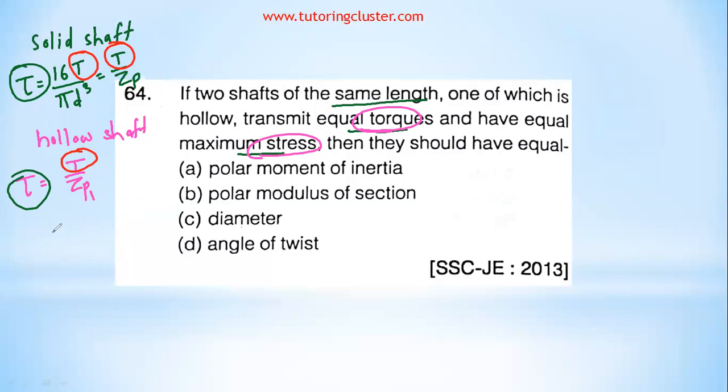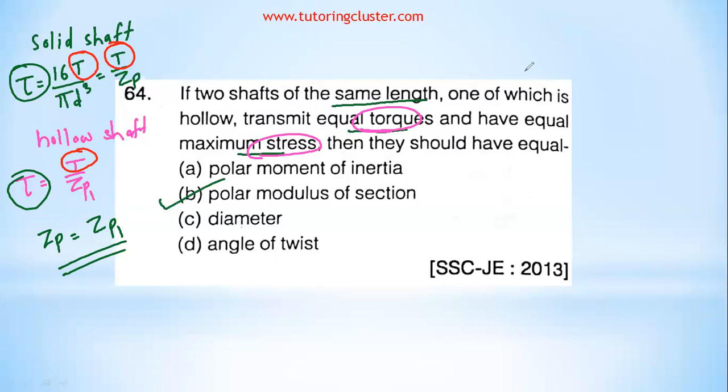That means they will have what? Zp will be equal to Zp1. They will have equal polar modulus of section, not moment of inertia. Okay, so the correct answer will be B.